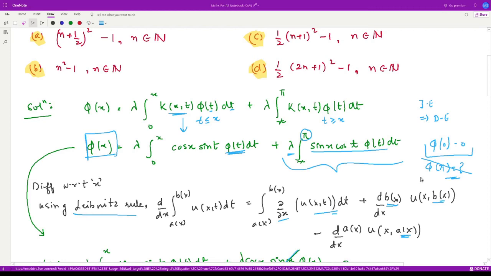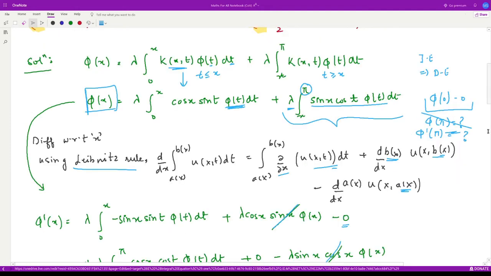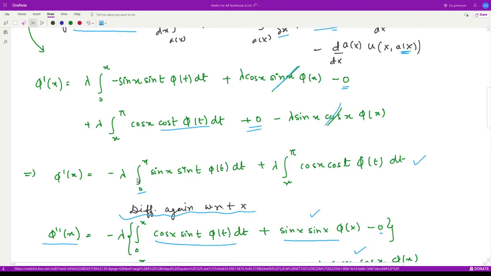So can we try for this term, phi dash of pi? What would be that? So let us look at this. We have phi dash is this term, right? So what would be phi dash of pi? It would be minus lambda integration from 0 to pi sine pi, right? And what is sine pi?